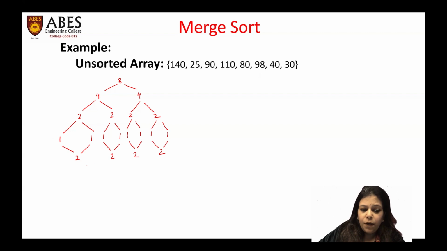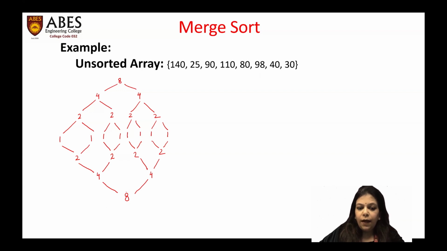Again, we will merge the arrays having 2 elements each such that we get a resultant array having 4 elements. And then we will merge these two arrays having 4 elements each such that we get our final sorted array with 8 elements.